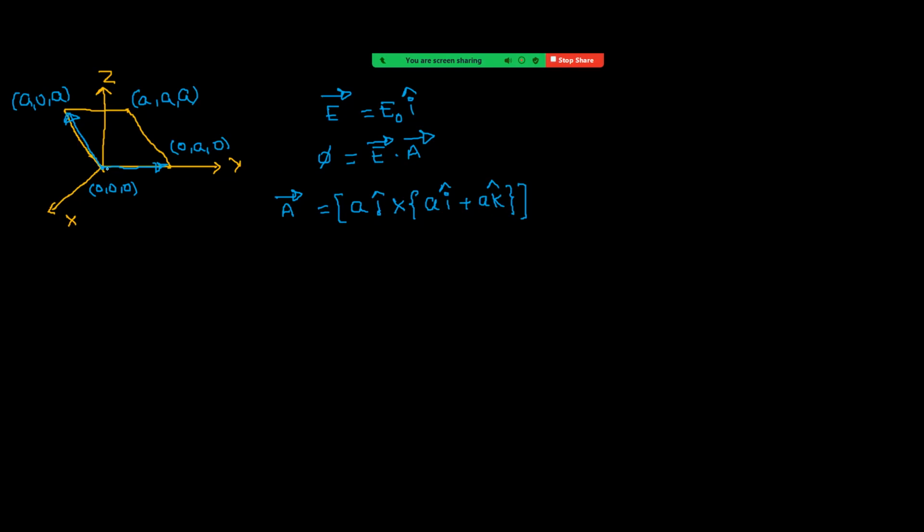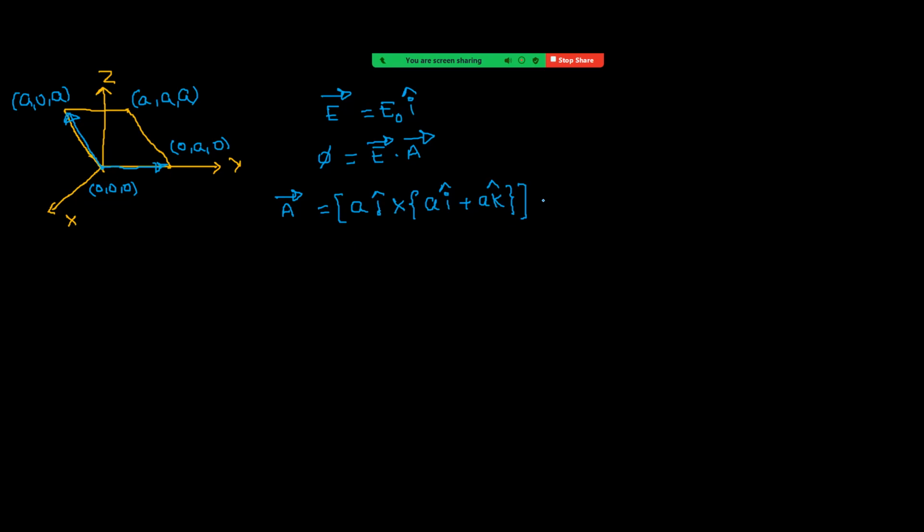Since I have taken this vector as the first vector, place your right hand on this y-axis and curl your fingers toward the next vector. Then we get the positive x-axis. If I reverse this, I will get the negative x-axis. So here we focus only on the modulus value.